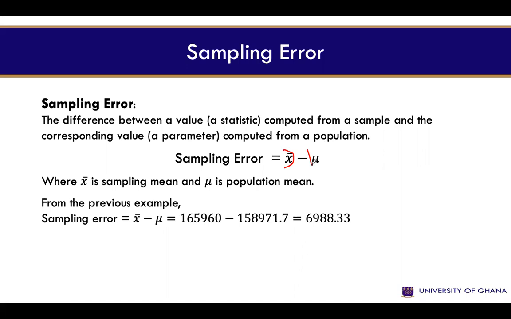Whether it is mu minus X bar or X bar minus mu is not really much of our focus, but the focus largely is the magnitude of this error. If it is too wide, it means that your sampling error is quite huge, whether it is positive or negative, right? So most of the time you select samples in such a way that your sampling error would be minimized.